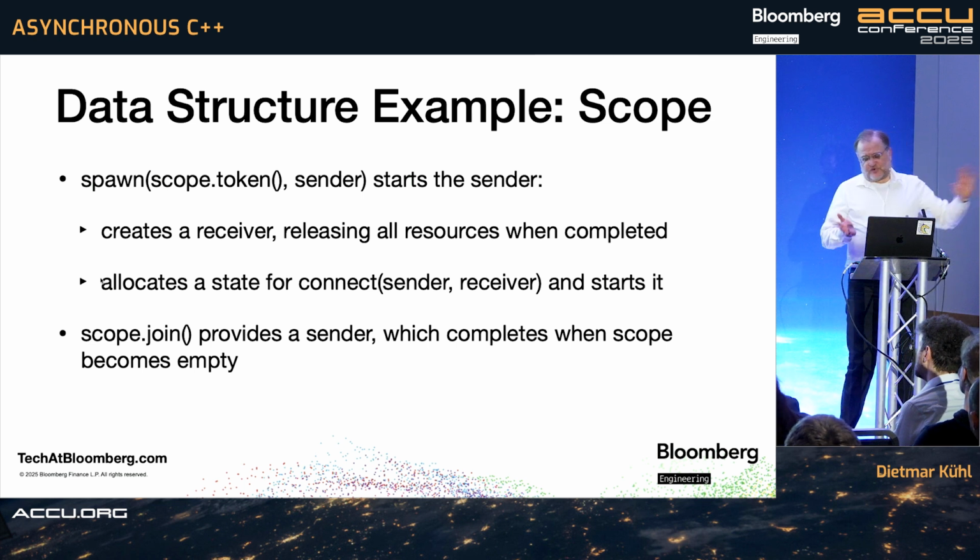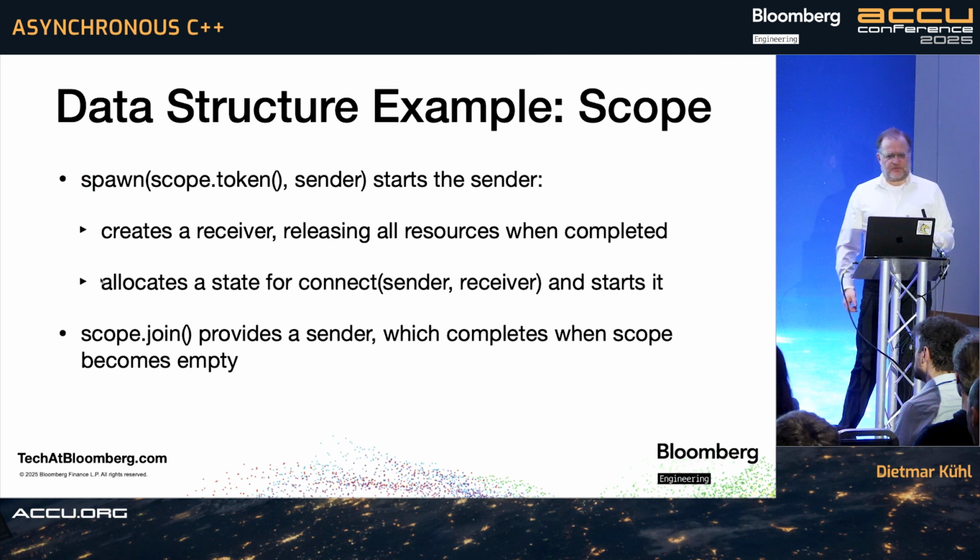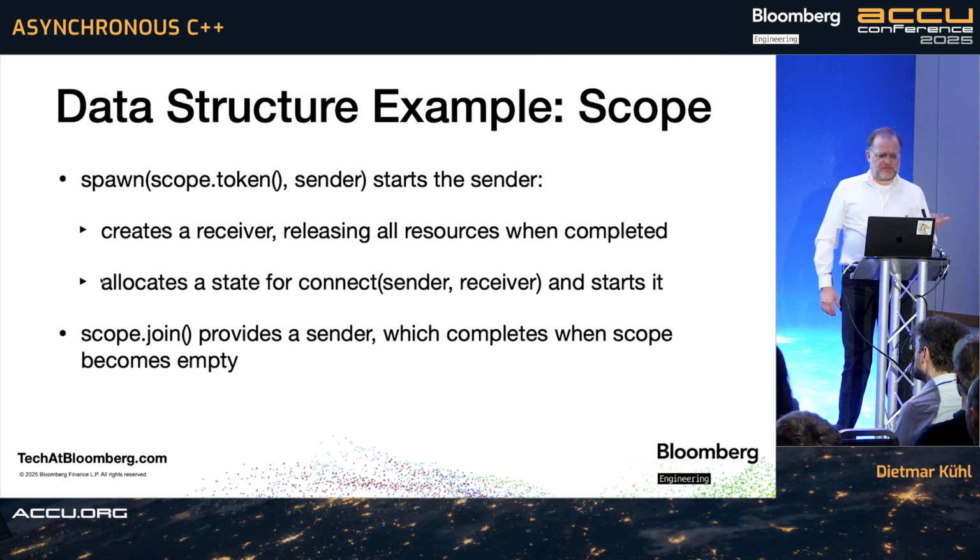All it does is probably allocate a little bit of memory, which is registered with the scope to hold on to that. It connects a receiver to the sender, and all that receiver does is, whenever any of the completions come in, deallocate the memory and decrement the counter. So this is where the counting scope name comes from.